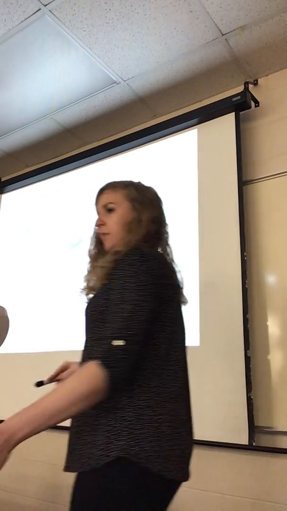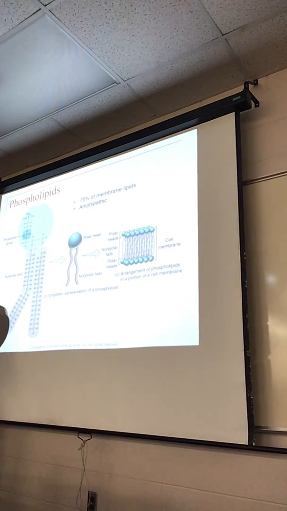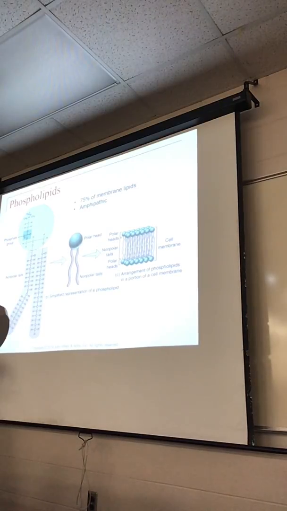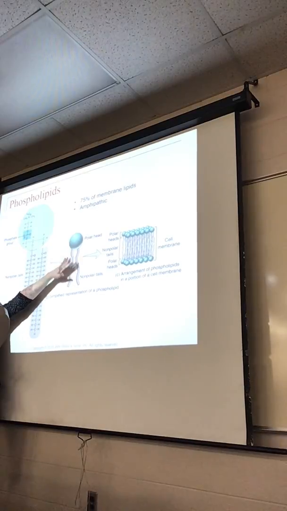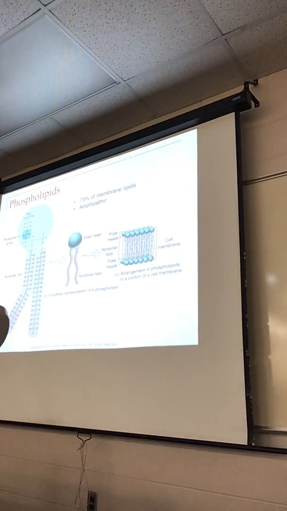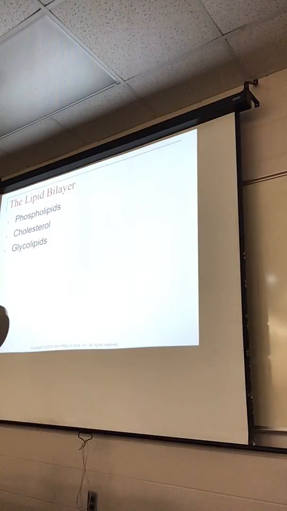Each phospholipid is an amphipathic molecule. Because it has the phosphate heads that interact with water and the fatty acid tails that do not, we consider it amphipathic. These phospholipids make up about 75% of the lipids in your membrane. Again, we said we have three major lipids, but phospholipids are the most. They are about three-quarters.